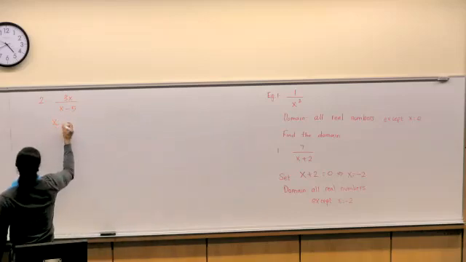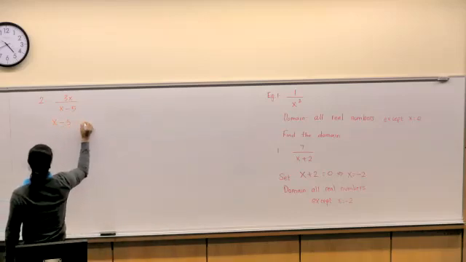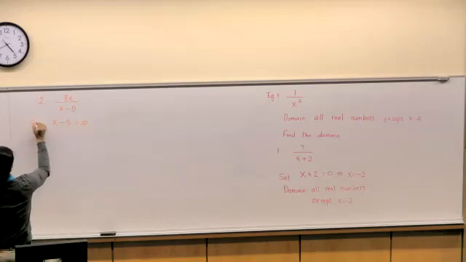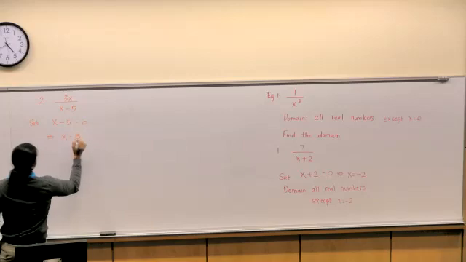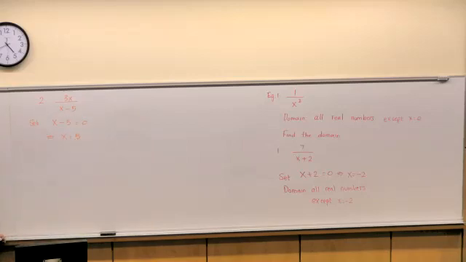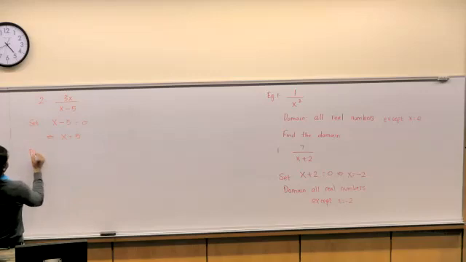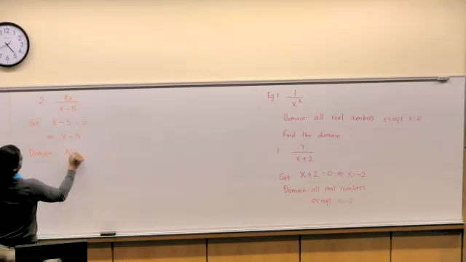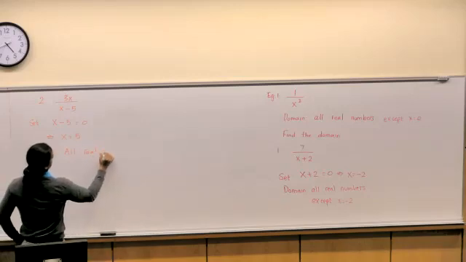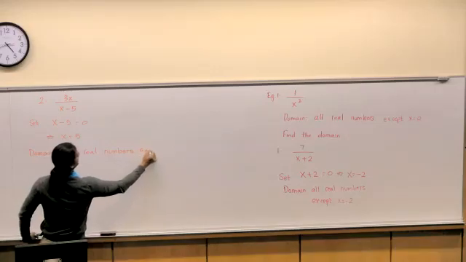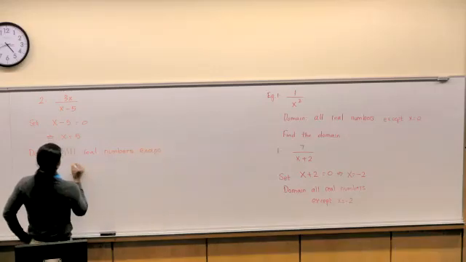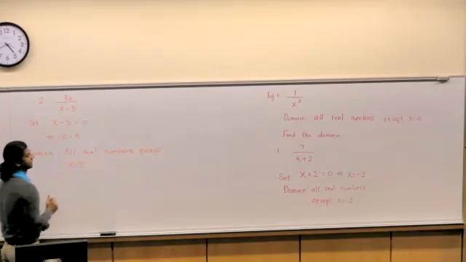So x minus 5 would equal 0, which would mean x is equal to 5. So the domain is all real numbers except x is equal to 5.